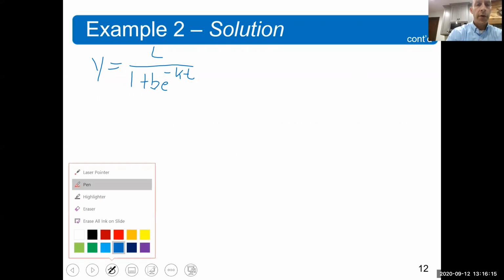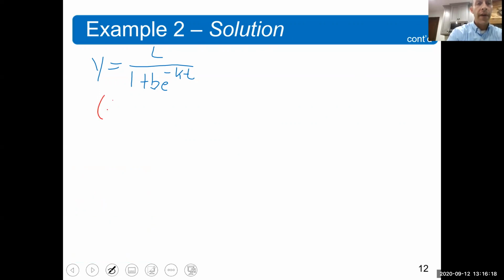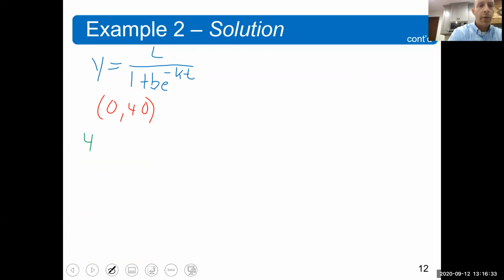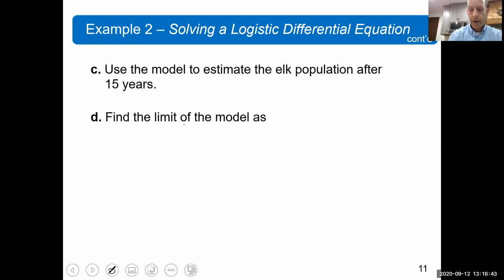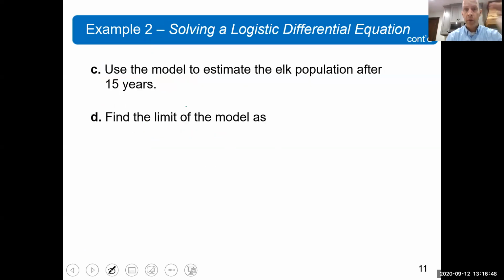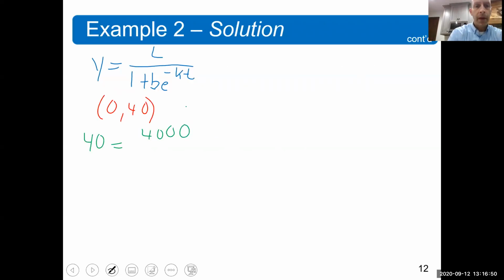What I'm going to use first to get this problem rolling is the fact that at t equals 0 there are 40 elk. That was the initial population. So we're going to get 40 for y, the number of elk. Oh, and I should note that L is 4,000. I probably should have mentioned that. It was given in the problem: they believe that no more than 4,000 elk can be supported, so that's an assumed thing.